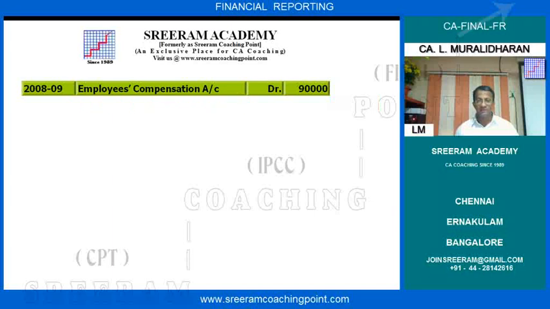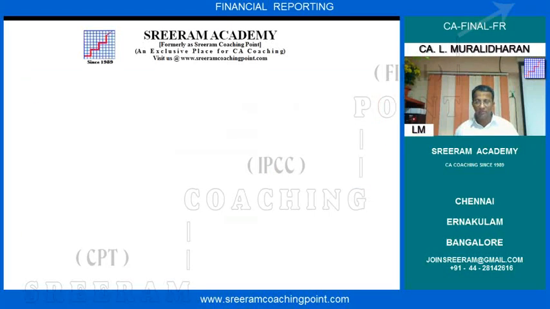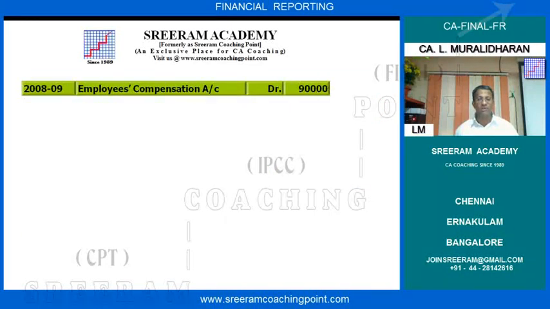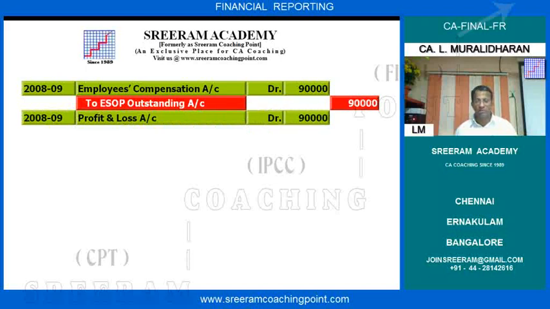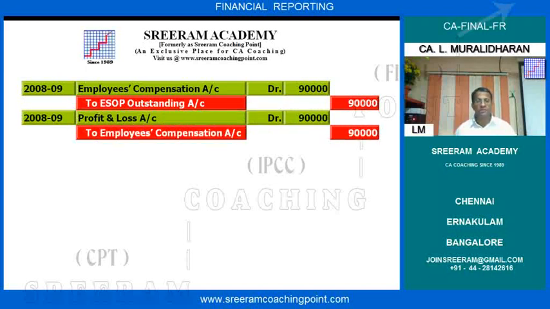So in this case, the amount to be taken up would be the balancing figure that is available at that point of time, where you got to recognize immediately. So we can't be just waiting for 1 more year, because that particular year will not be there at all, in the sense that they have gone in for cancellation of the old option. So therefore, whatever sum that is outstanding should be transferred to employees compensation account, profit and loss account debit, credit employees compensation 90,000.